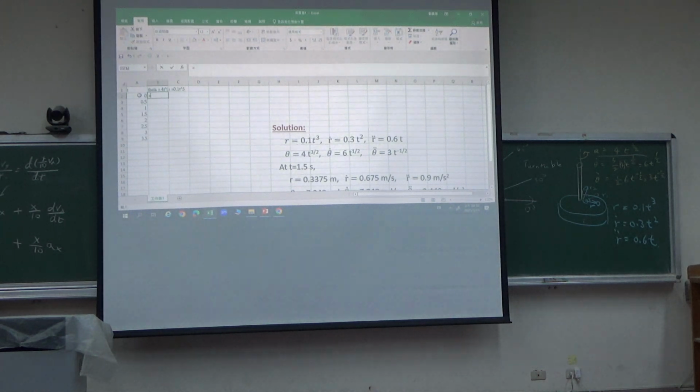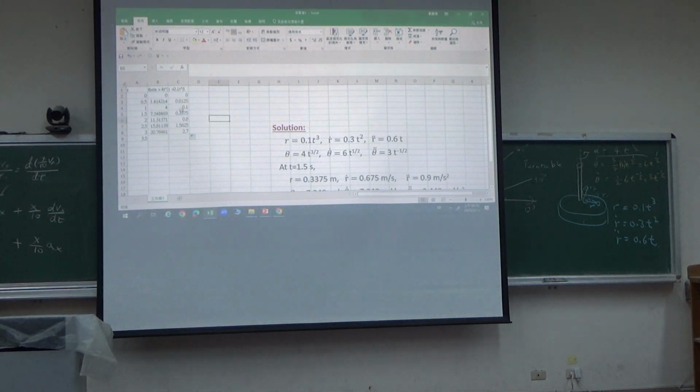This is 4 times e to the power of 3 over 2. This is the radius, 0.1 times e to the power of 3. Then with this, I can now do the calculations.